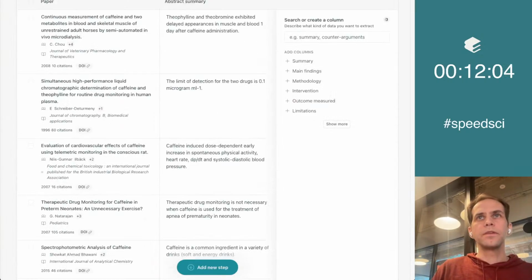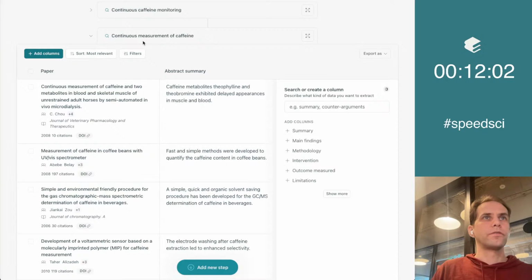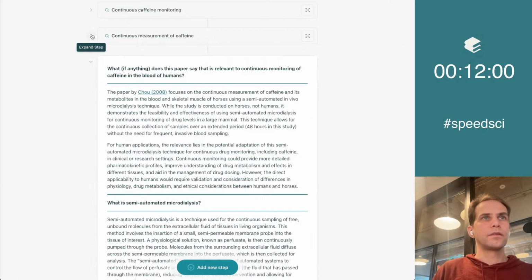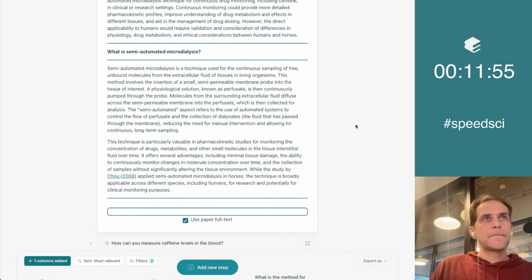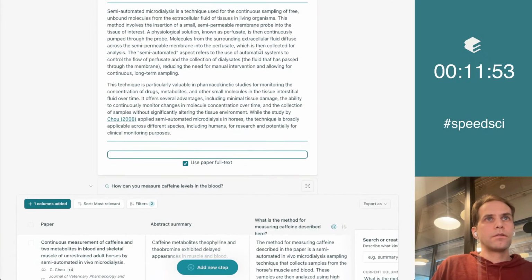So we started out with that, found that, also searched for measurement, same results roughly, and asked a little bit about how does this work, because like all of these continuous measurement devices, it is kind of through a needle or a small membrane probe that goes into the tissue, and here control the flow of perfusate.